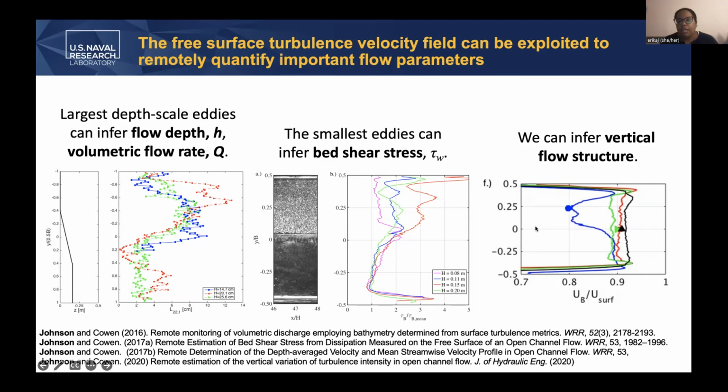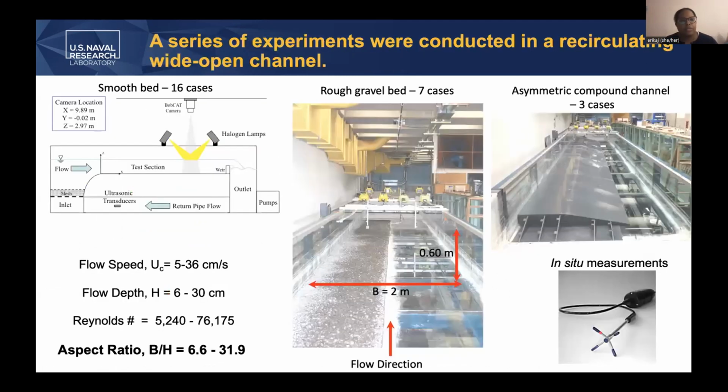And measuring the turbulence velocity field in the laboratory is a relatively easy thing to do. This is a schematic of the channel and a picture of the channel in which I conducted all of the experiments to collect the data to develop those techniques.